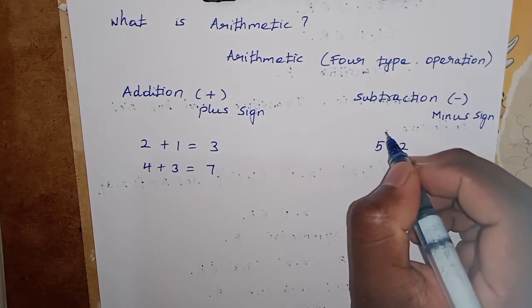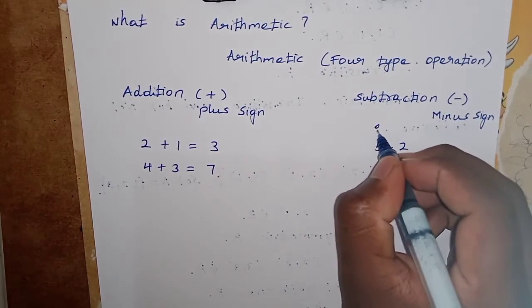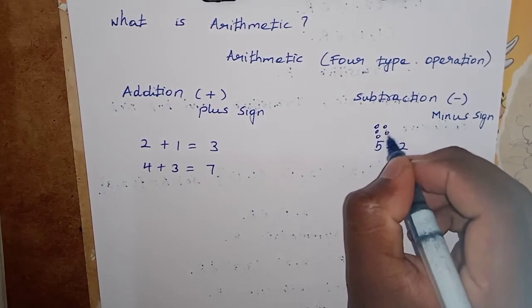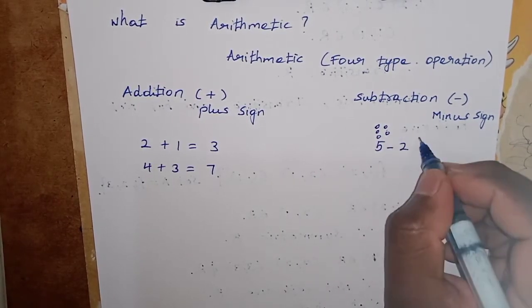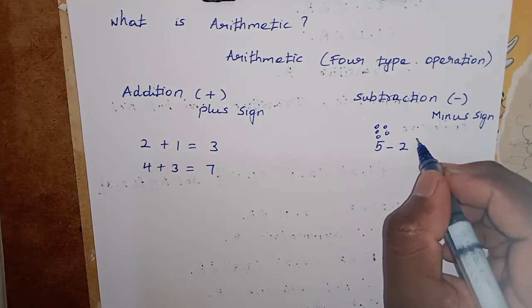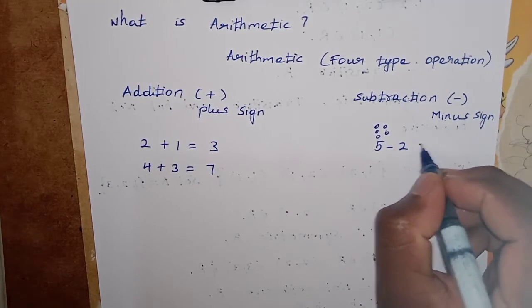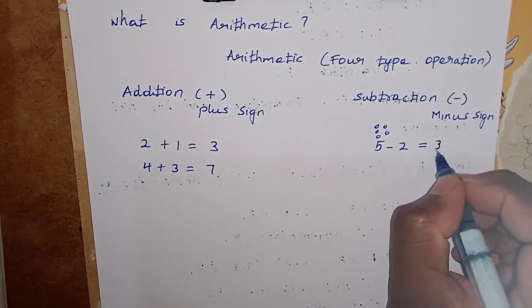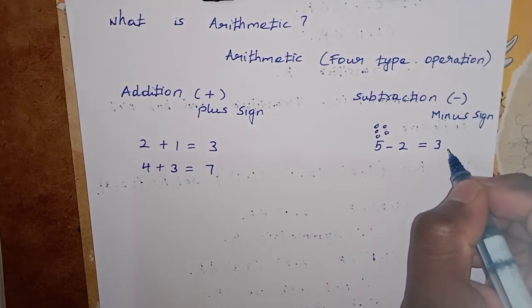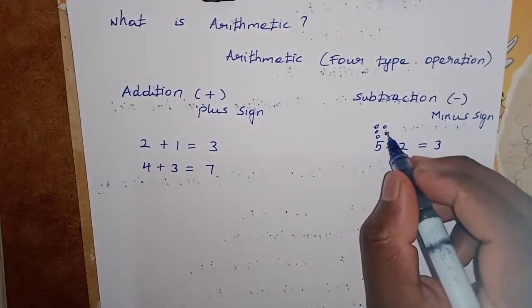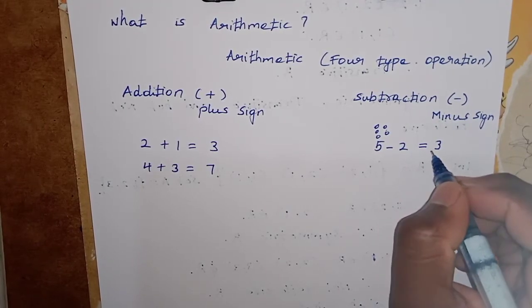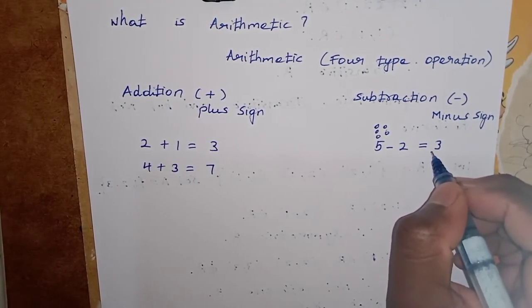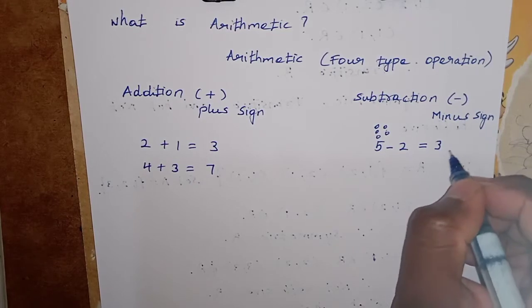See here, I have 5 chocolates. I gave 2 chocolates to my friends, and now I am left with 3. I had 5 chocolates in total, I gave 2 to my friends, and now the chocolates left are 3.